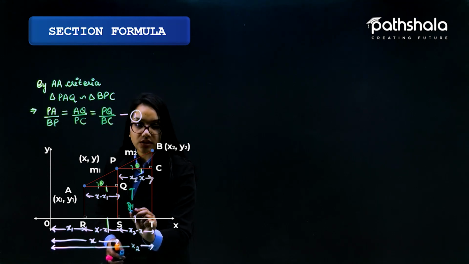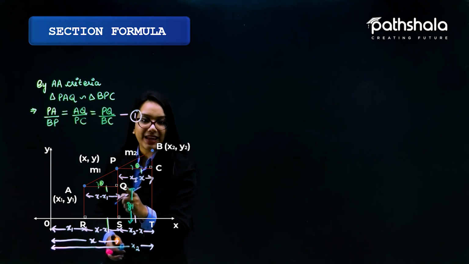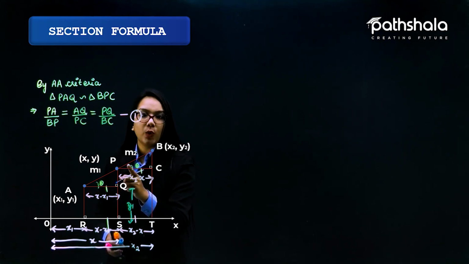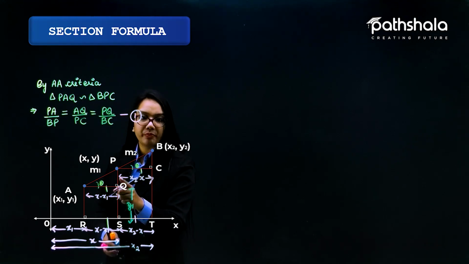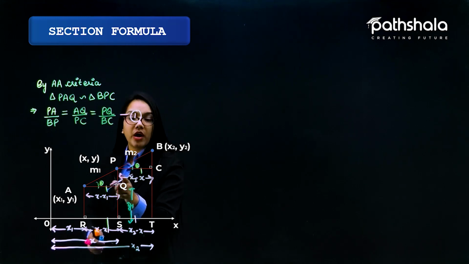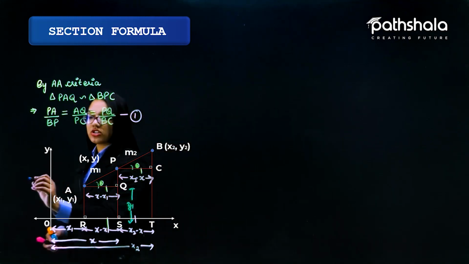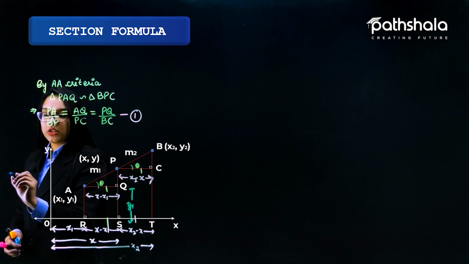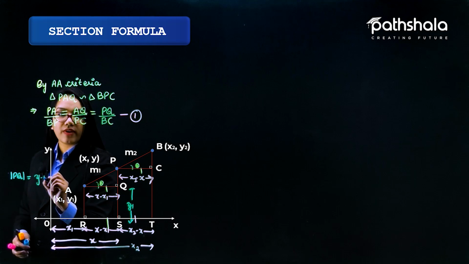If this total distance is y1 and the whole distance PS is y, then what about PQ? The PQ distance would be y minus y1. Let me write it here: PQ distance is equal to y minus y1.